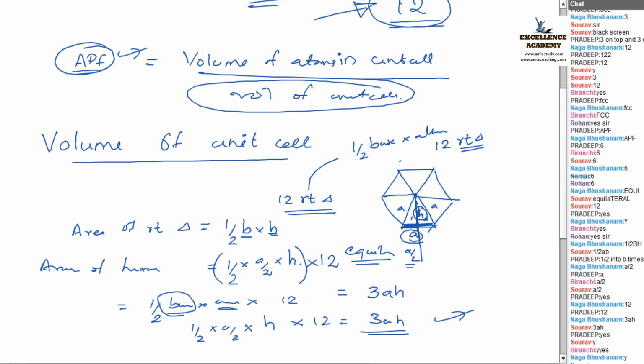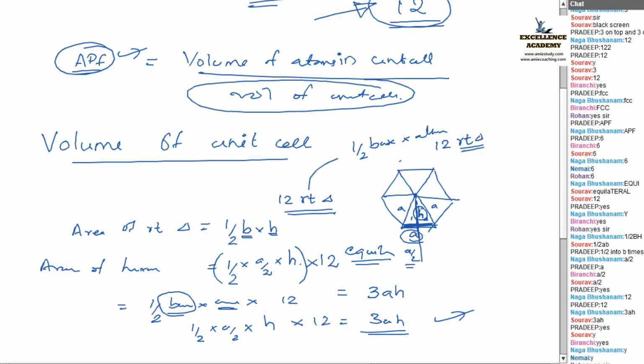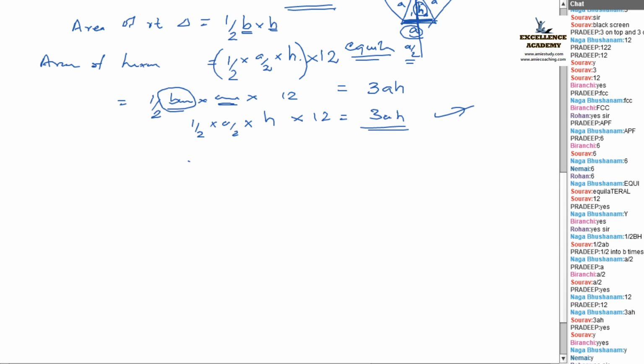Okay, fine. Yes, yes. Next is, up to this clear. Now we are going to find out a value for this h. It is not fair to leave it in h.